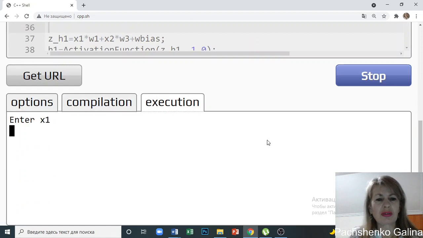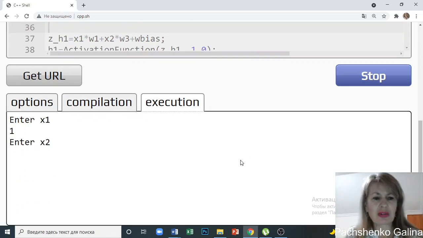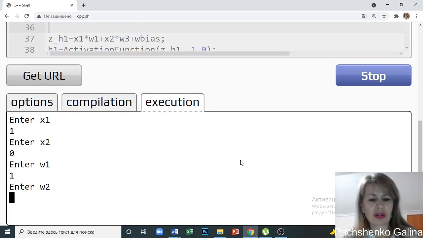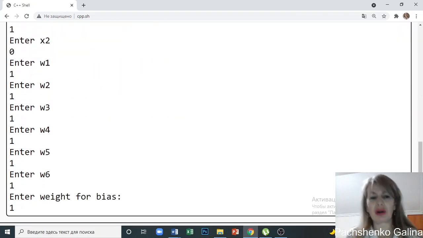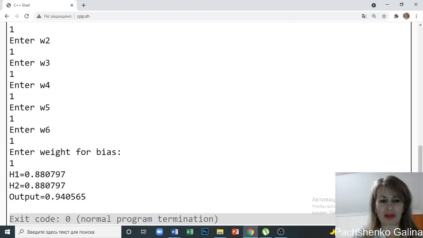Let's run again, but with any numbers, just to save time. Oh, yes, enter weight for bias. Now it's working, so the problem was the internet.